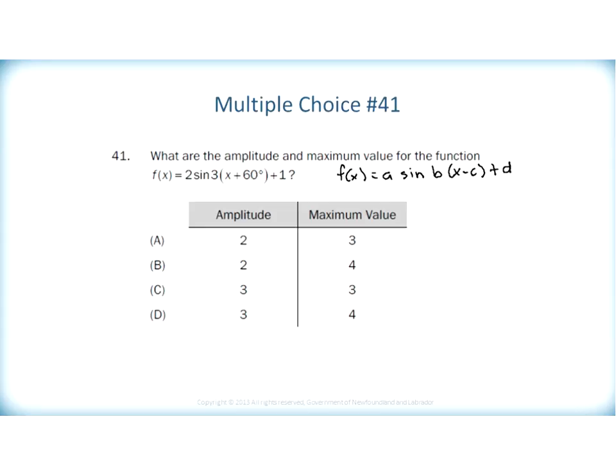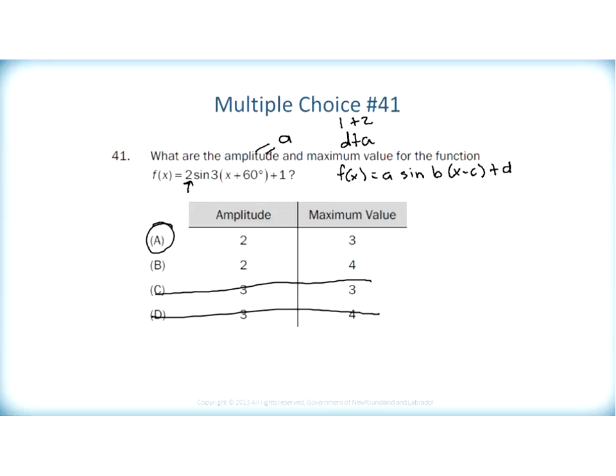And our amplitude will always be a, and our maximum will be d plus a. And so that gives our amplitude to be 2. C and D are gone. And our maximum value is going to be d plus a, which our d is 1. So it's going to be 1 plus 2, which would be 3. So that gives us A for an answer.